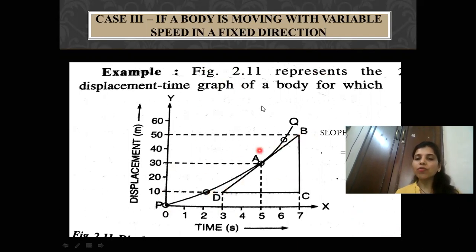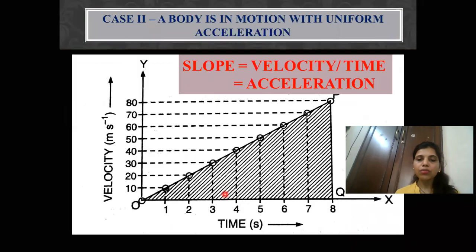Now, if you want to convert this graph into velocity time graph, then it is going to be a straight line, because in that case the velocity is changing. So here also the velocity is changing, but when it is changing, that time it is uniform.